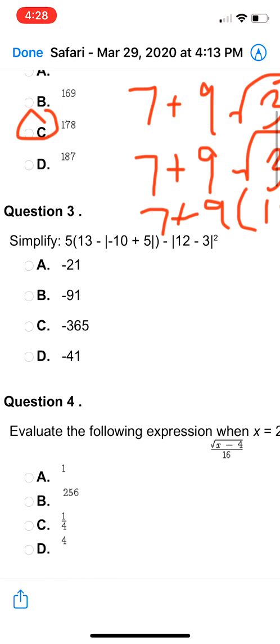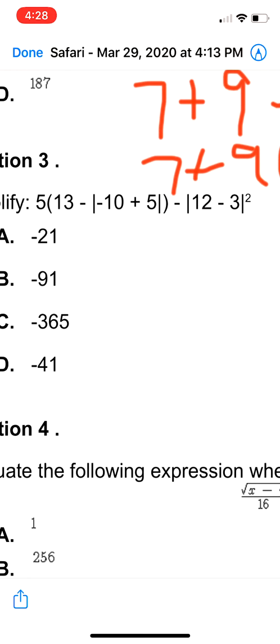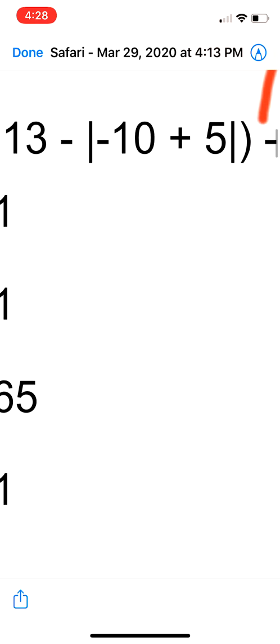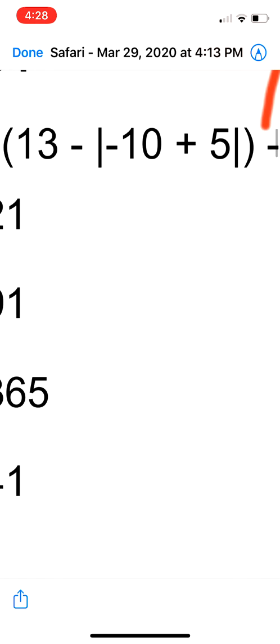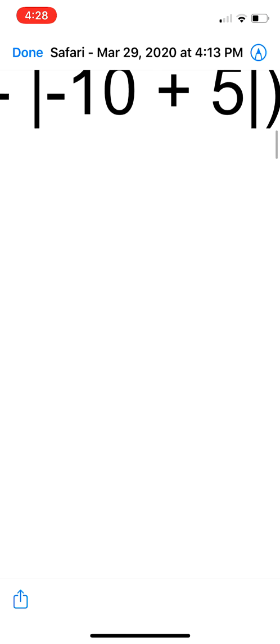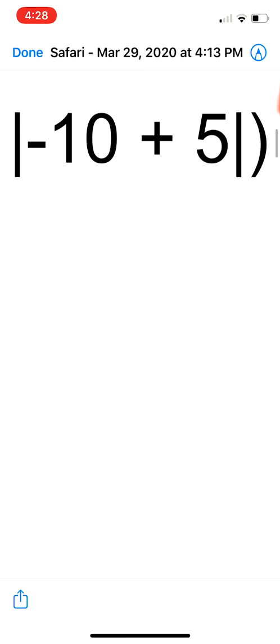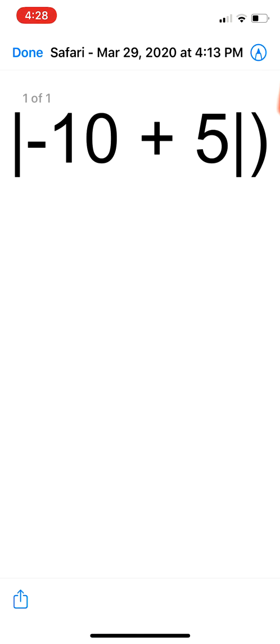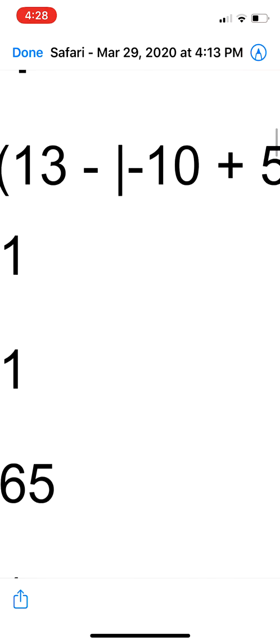All right. For this problem here, you're going to want to work inside out. Okay, so you have one big parenthesis here, but inside of the parenthesis, you have an absolute value. So that's where you're going to start working. Everything else besides that, I'm keeping.